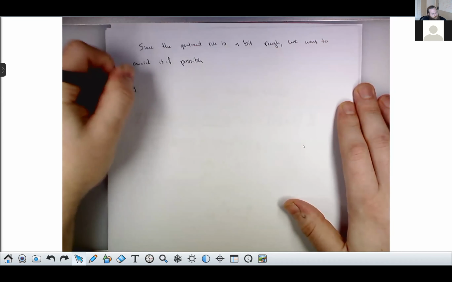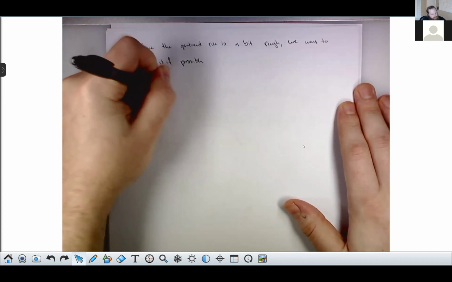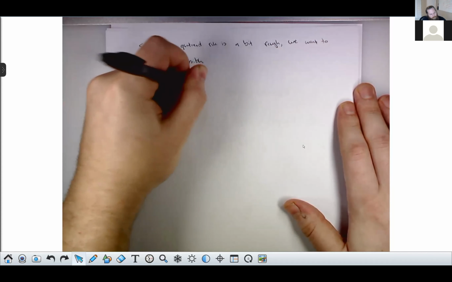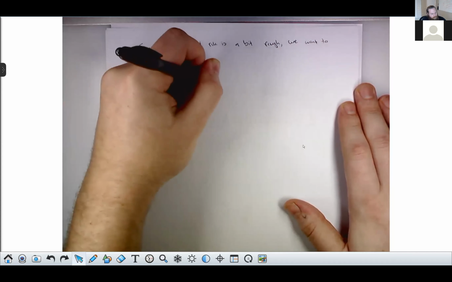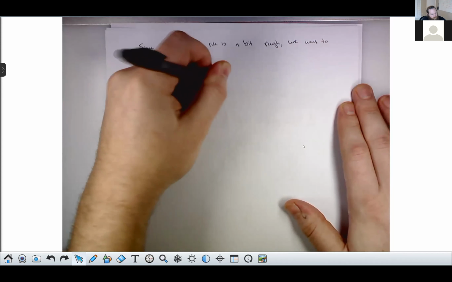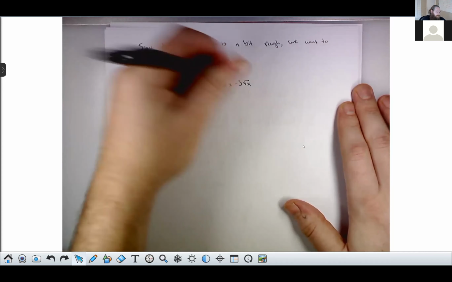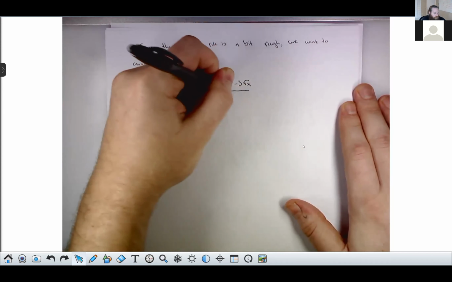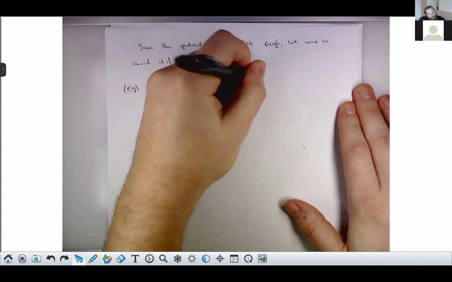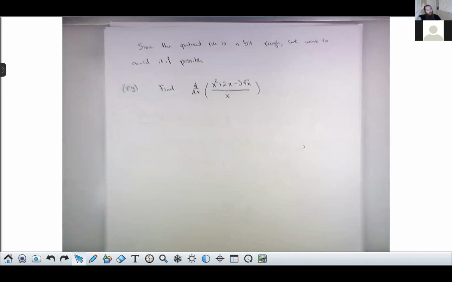And so something like this, I want to find the derivative of, maybe, (x squared plus 2x minus 3 square root of x) all over x. This could be differentiated using the quotient rule.